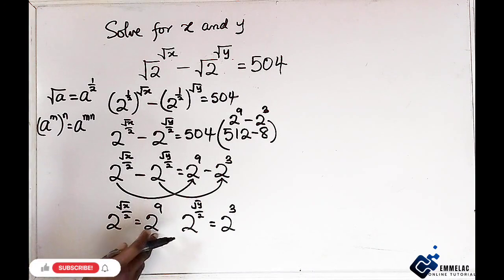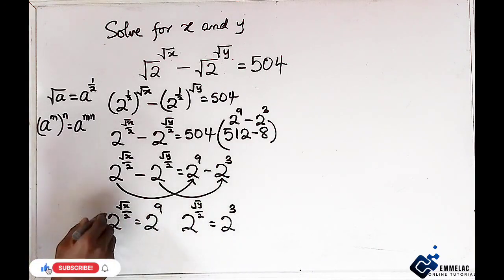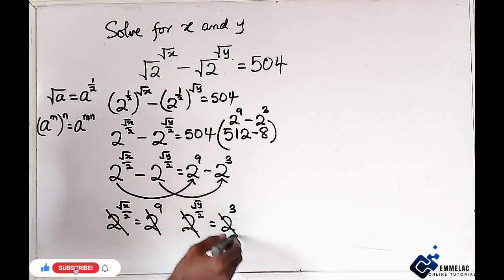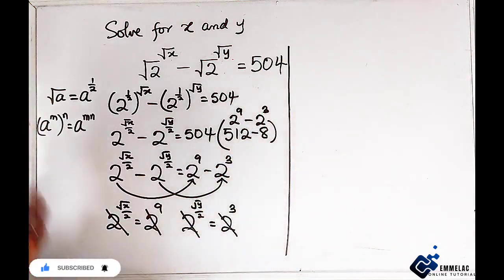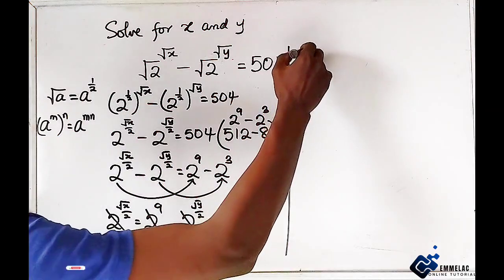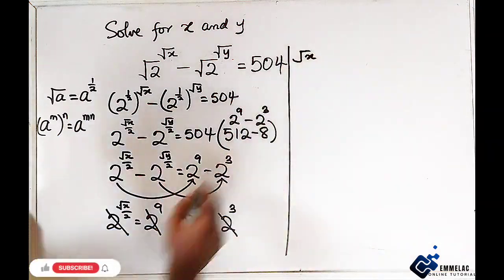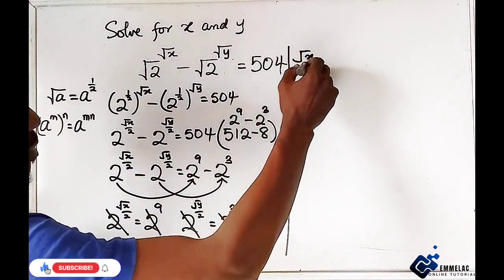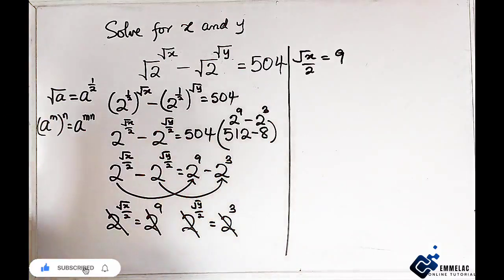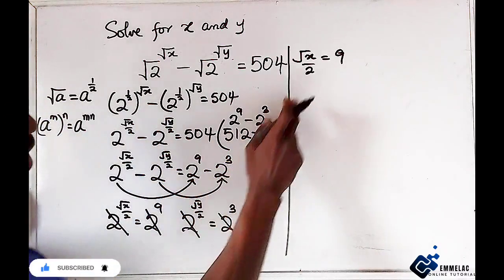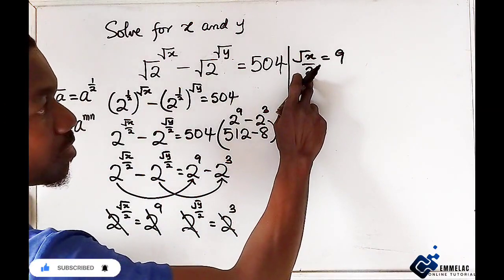Now since the bases are equal, we know that the exponents will definitely be the same. Here you have the square root of x all over 2 equals 9. Now let's multiply both sides by 2, so the 2 here will be eliminated.